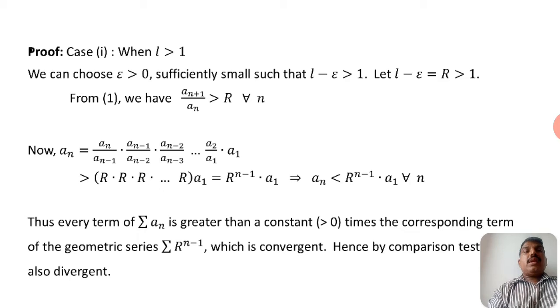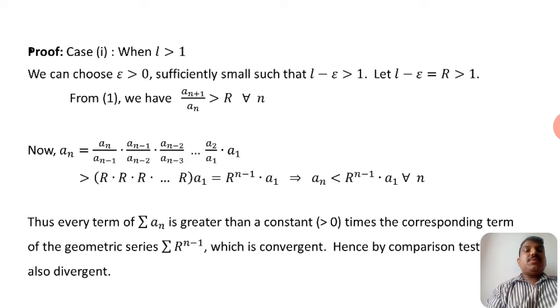Now a_n is equal to a_n divided by a_(n-1) into a_(n-1) divided by a_(n-2) into a_(n-2) divided by a_(n-3), etc., a_2 by a_1 into a_1, which is greater than R into R into and so on, into a_1, equal to R to the power n minus 1 into a_1. This implies a_n is greater than R to the power n minus 1 into a_1 for all n.